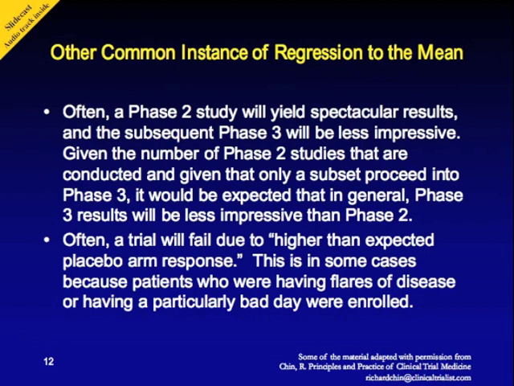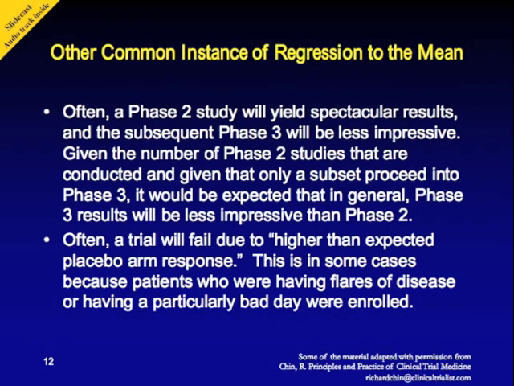This is because when you have a set of phase 2 studies, some of the drugs are going to look better than they actually are, and some will look worse than they actually are. The more spectacular the result, the more likely it is that the phase 3 will not replicate that spectacular success. This is particularly the case when the phase 2 study is small.